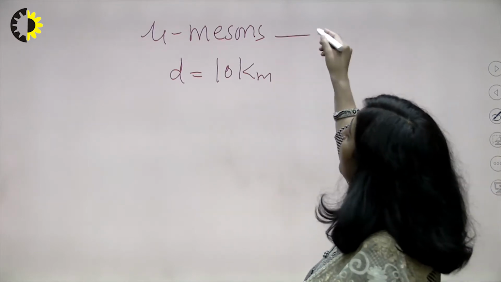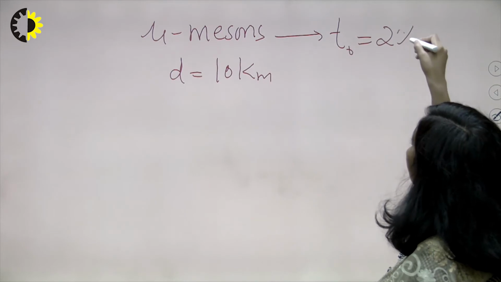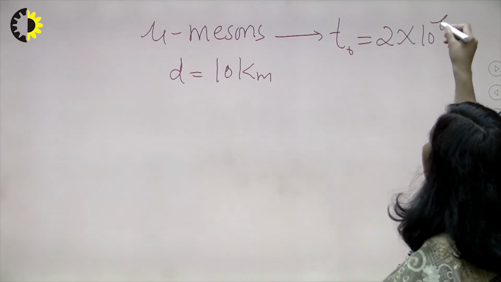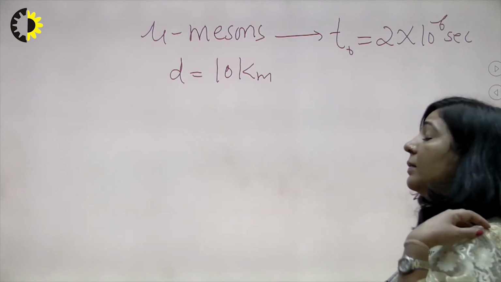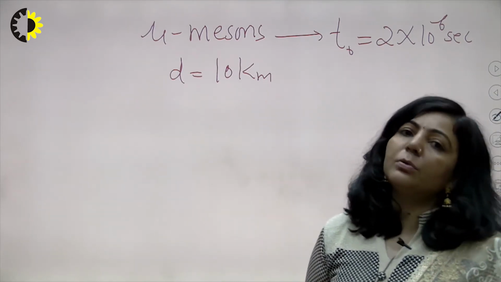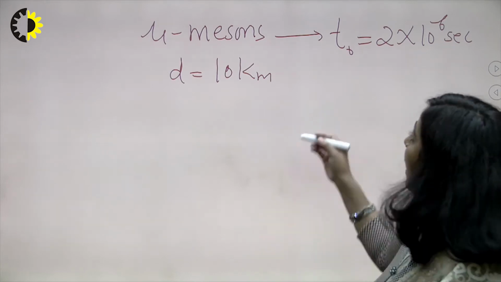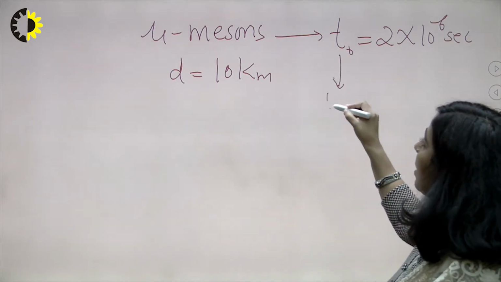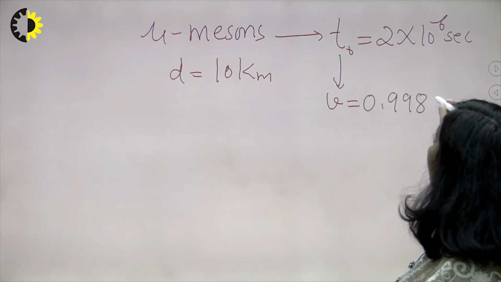And these mu mesones are highly unstable particles. Why are they unstable? Because they can remain in their state only for 2 microseconds, and after that they will convert into electron and positrons. Means their identity will remain only for 2 microseconds. And these mu mesones are also traveling with a very high speed, approximately 0.998 c.